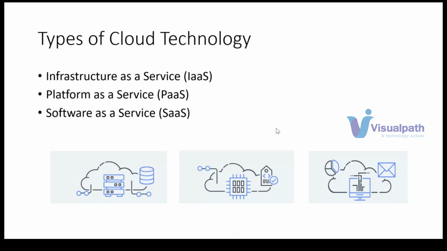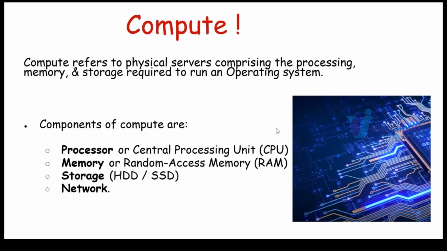Let's go a little bit further into the primary level, which is called compute. Compute refers to physical servers comprising the processing, memory, and storage required to run an operating system. What it means is that compute is a physical device which has a motherboard, CPUs, memory, and network cards. Based on that, it has operating systems which help integrate the communication between the user and the computer.